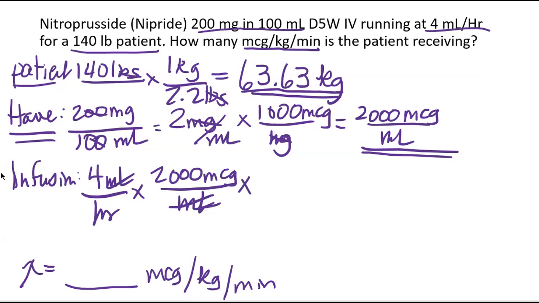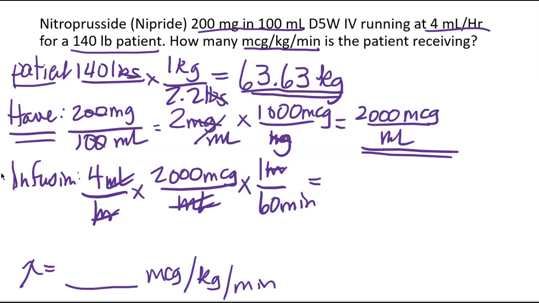We can keep going, and we can say 1 hour divided by 60 minutes, because we need minutes. So we can cross out hours here. And now we have the kilograms. That's the tricky part that makes this backing. We're actually backing up through this question. So let's just do micrograms per minute for a minute here.